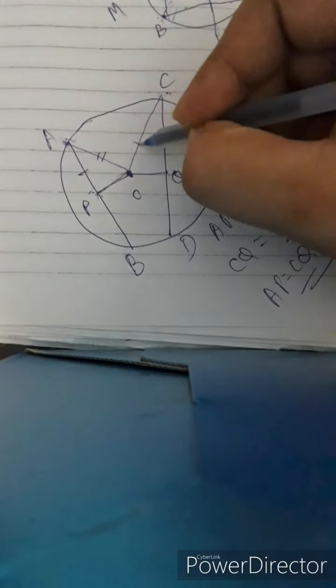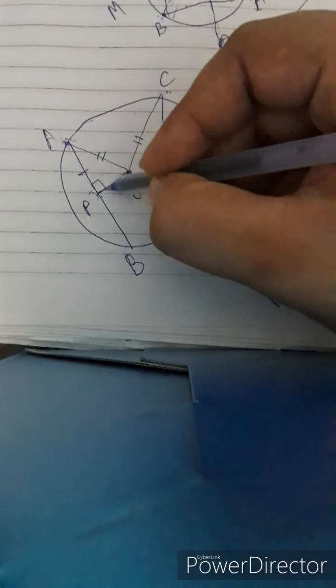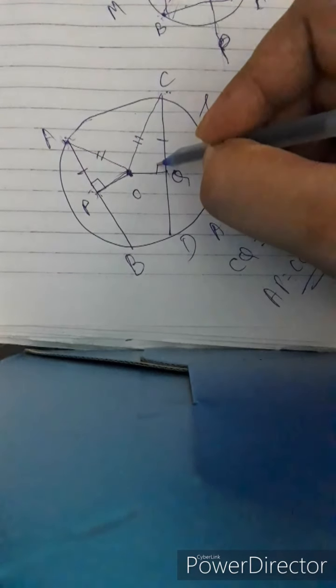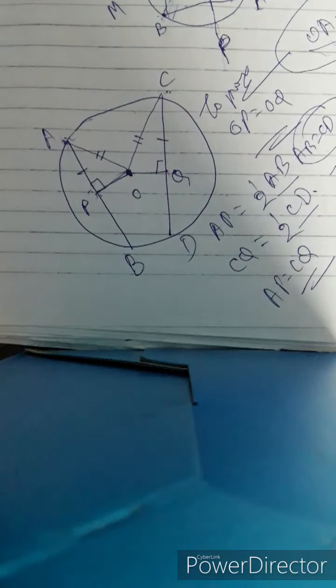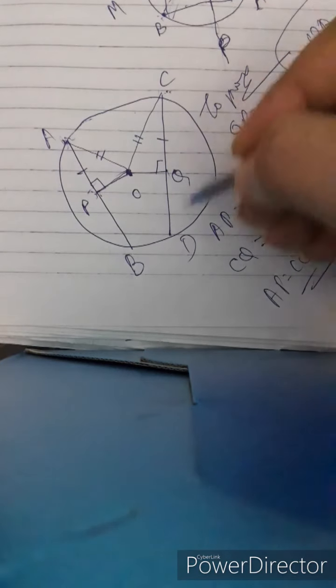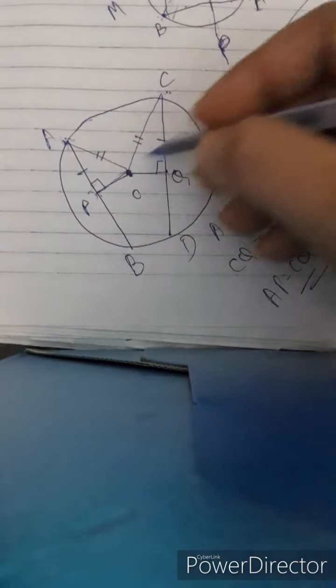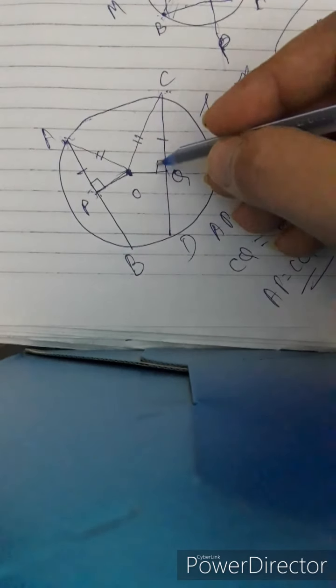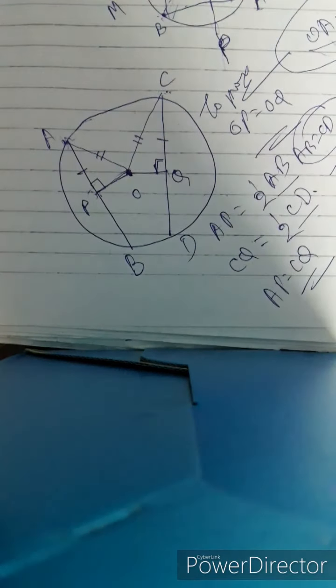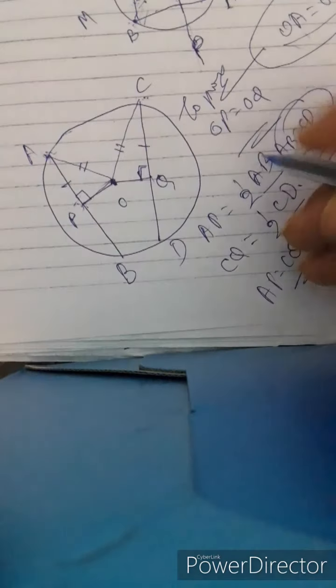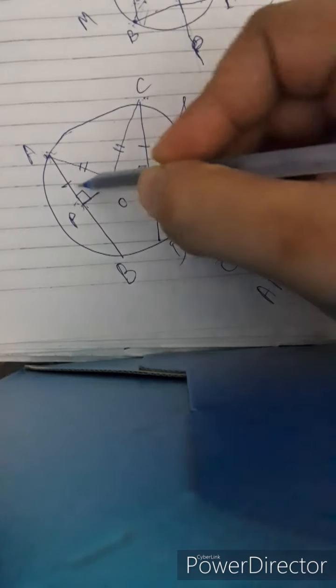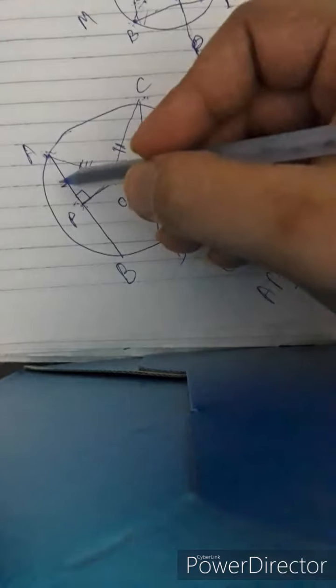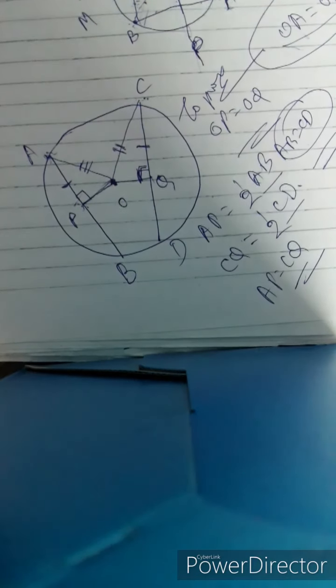Also OA equals OC, they are the radii of the same circle. Since OP is perpendicular to AB and OQ is perpendicular to CD, angle APO and angle CQO are right angles, 90 degrees, so they are equal. As a result, in these two right-angled triangles, the hypotenuse is equal to the other hypotenuse and one pair of sides is equal.